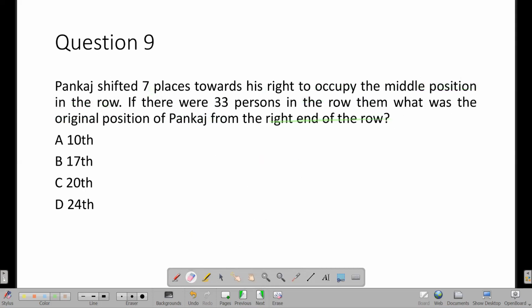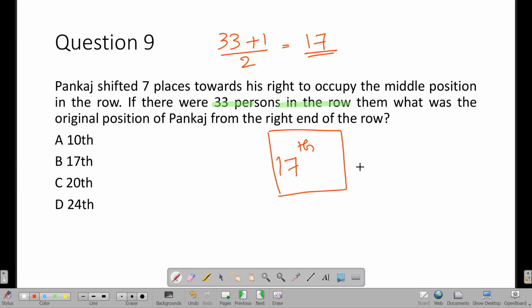Okay, so let's attempt this question. When there are 33 people involved in the question, you can see that 33 plus 1, 34 by 2, is equal to 17. The 17th position will be the middle position in this row, which means to the right side of this 17th position, there will be 16 more seats.